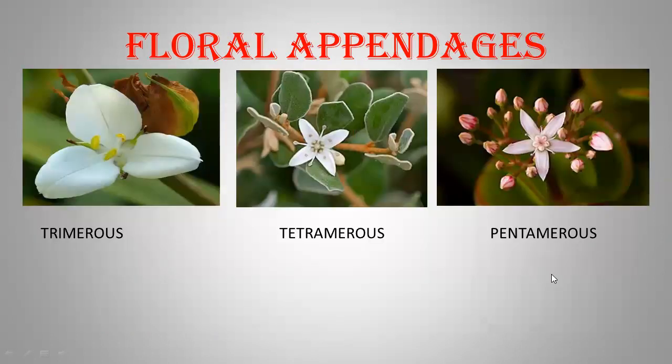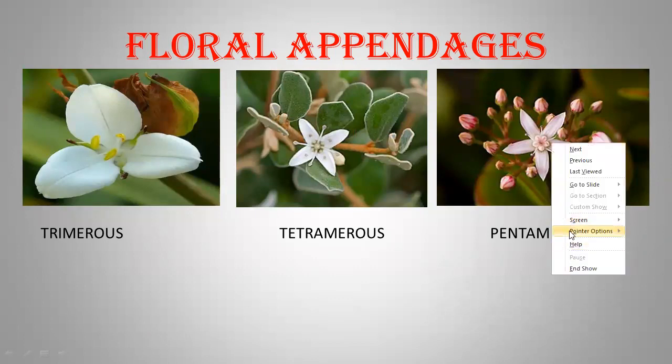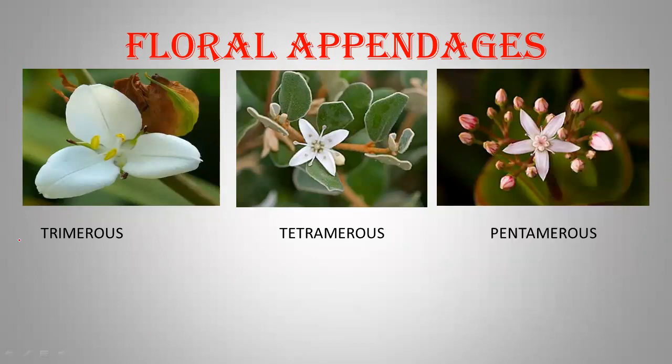Next, floral appendages. On the basis of the number of floral appendages, flowers are of three types: trimerous, tetramerous, pentamerous. So in trimerous, the floral appendages are three in number or multiples of three. Like in this, the sepals are 3, 1, 2, 3. Petals are 3, 1, 2, 3.